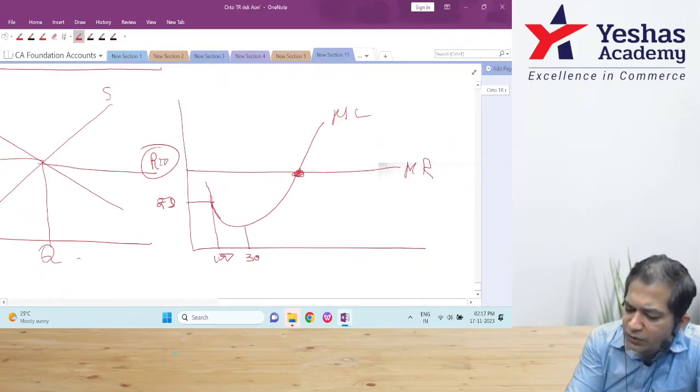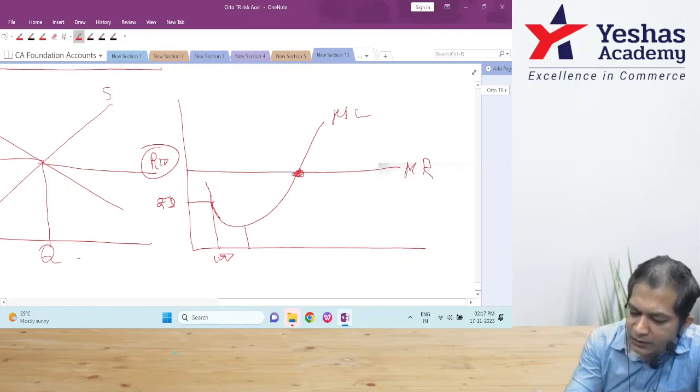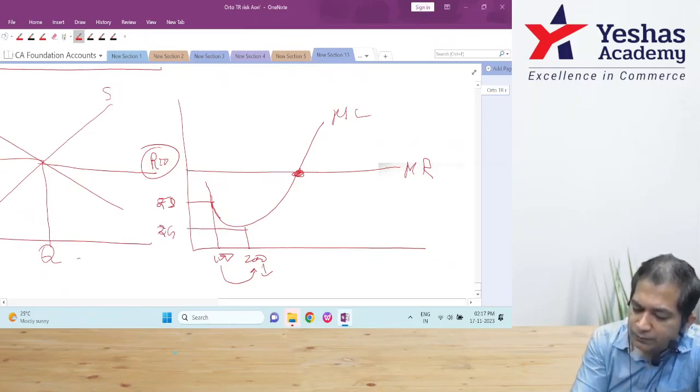But if you're producing 200 more units, it means 100 plus 200, now you are producing 300 units. You find out that your marginal cost falls down to rupees 4.